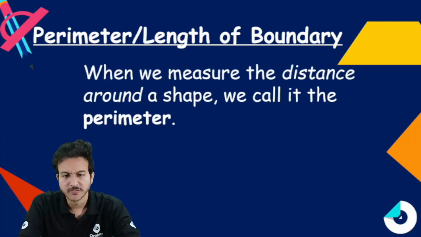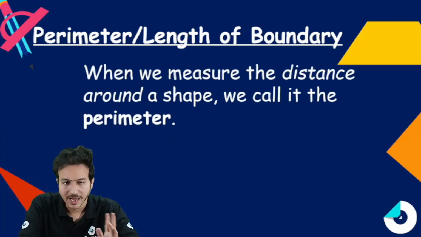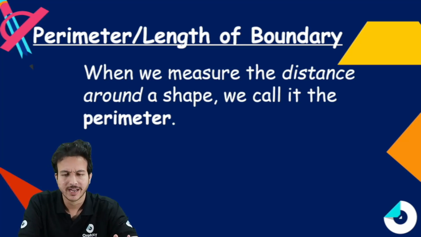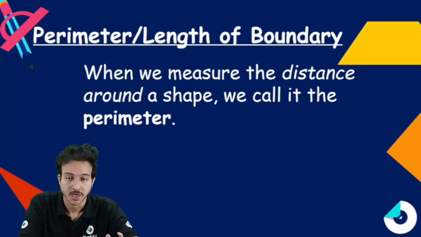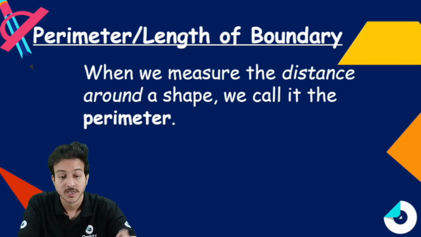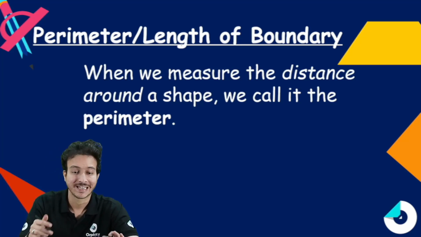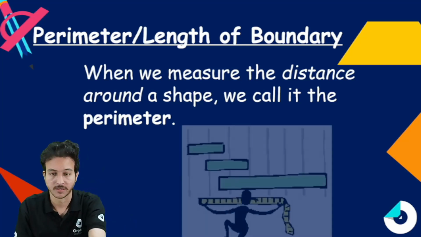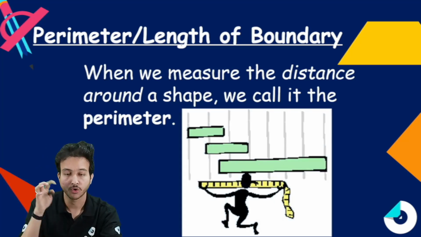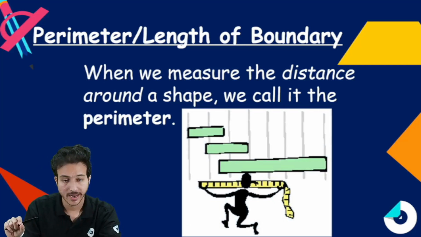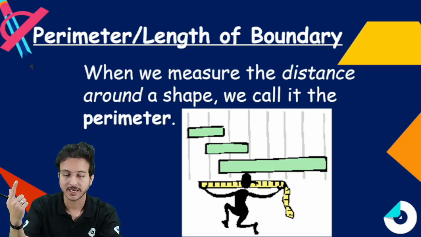Okay, so if someone asks you to find the perimeter or the length of the boundary, these two are the same. When we measure the distance around a shape, we call it the perimeter, like this. So you go along one length, and then along the second side, along the third side, and then along the fourth side.